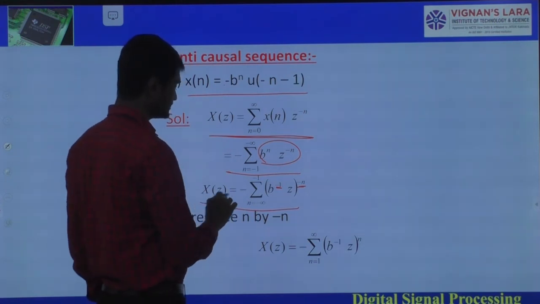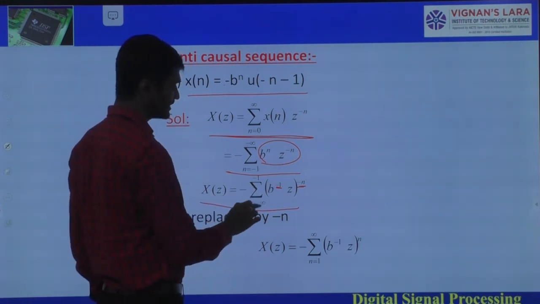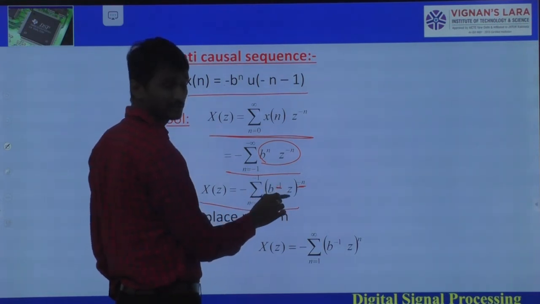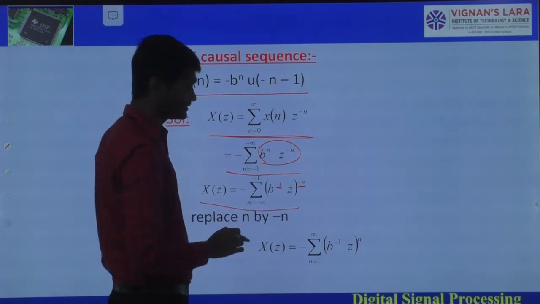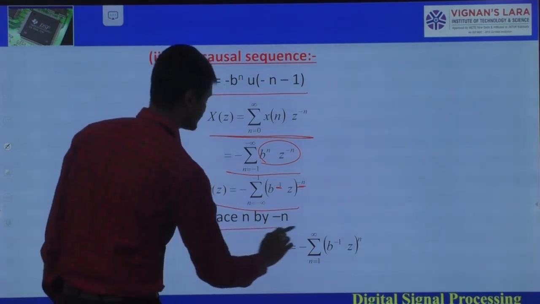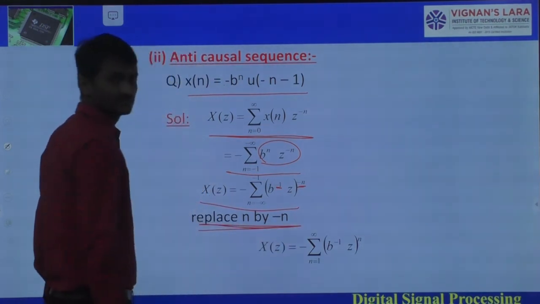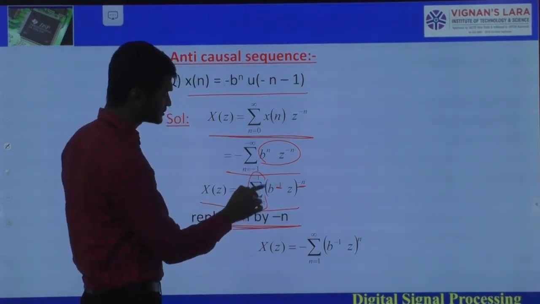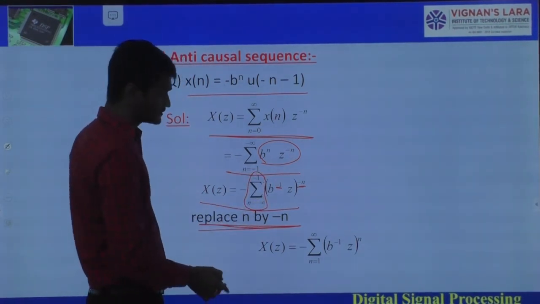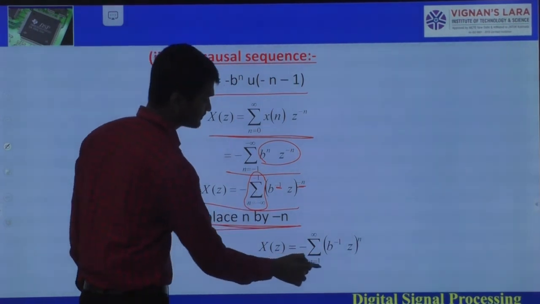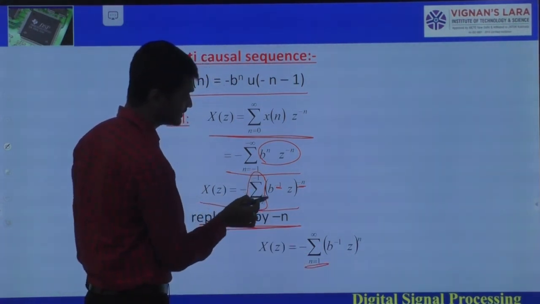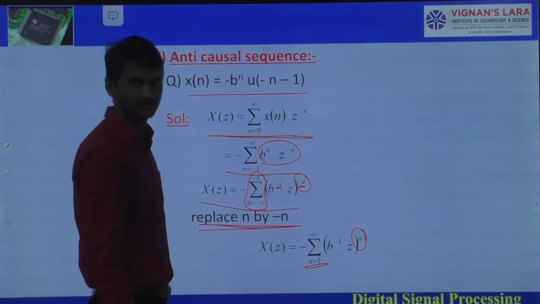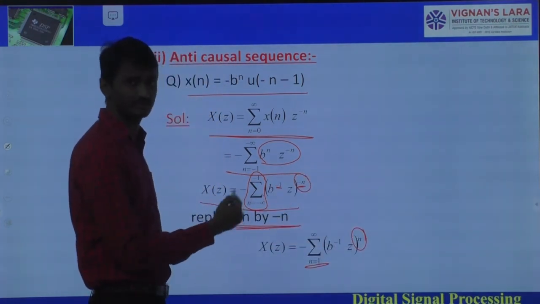So the entire X of z is minus of sigma n equals minus infinity to minus 1 of b power n into z power minus n. By replacing n with minus n, all the limits of the summation will also change. The limits of the summation will change to n equals 1 to infinity, and minus n will become plus n, just by replacing n with minus n.